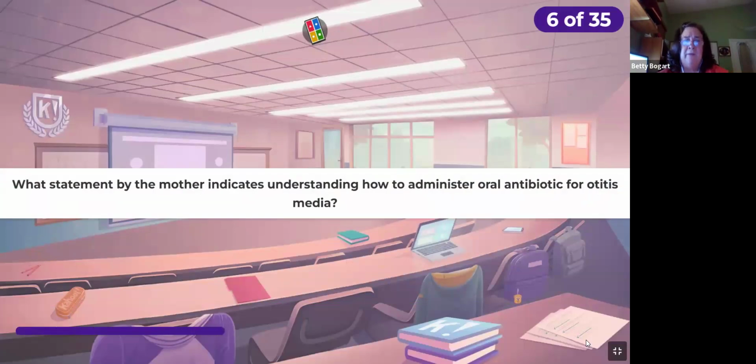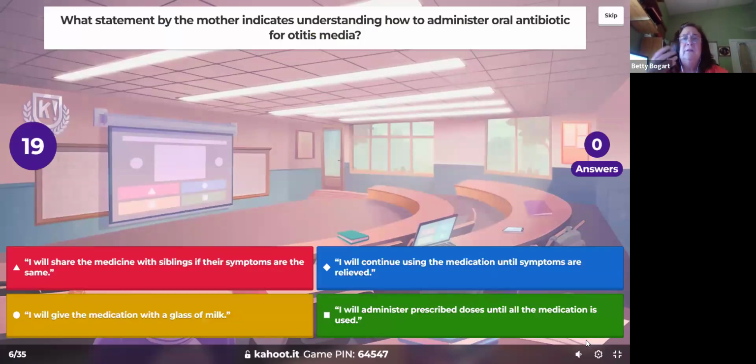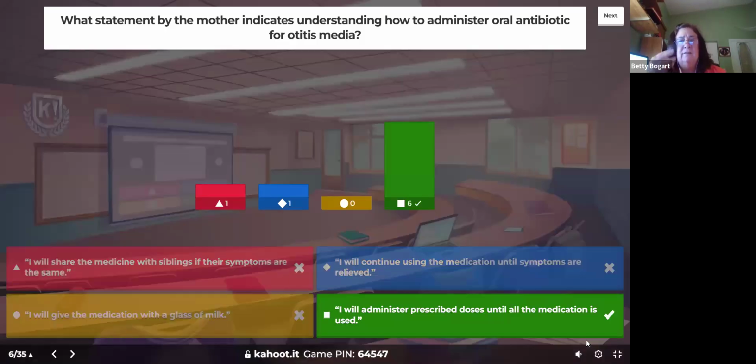What statement by the mother indicates understanding how to administer oral antibiotics for otitis media? So, what is otitis media? It's a middle ear infection, right? What's one of the big things besides, yes, it's an infection? Remember, it hurts. And one thing that we have to teach them is to keep them comfortable, right?